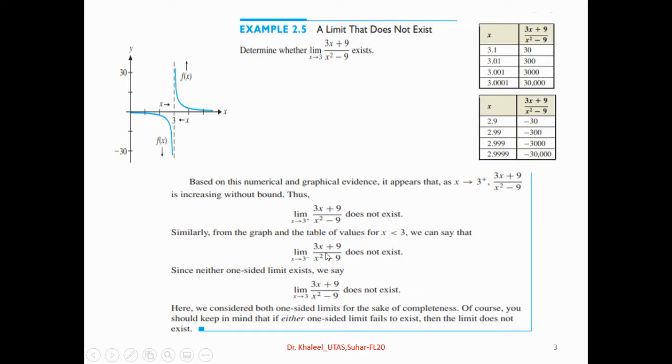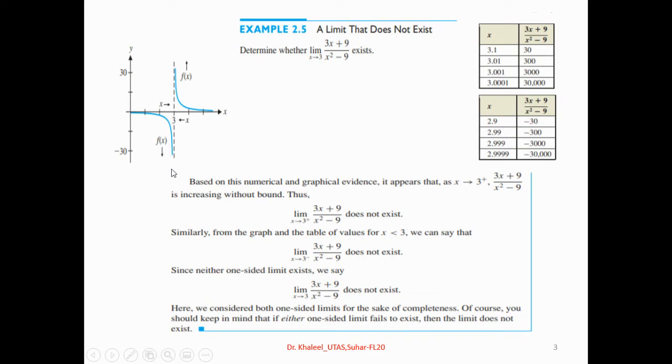In this case, it is decreasing without bound because of the minus. So therefore, we say that the limit of this as x tending to 3⁻ does not exist. So graphically also you see, I come from this side to 3, you see how the graph behaves like this, goes on increasing.